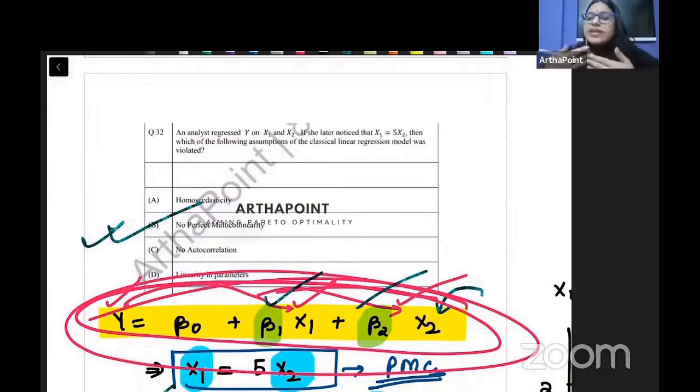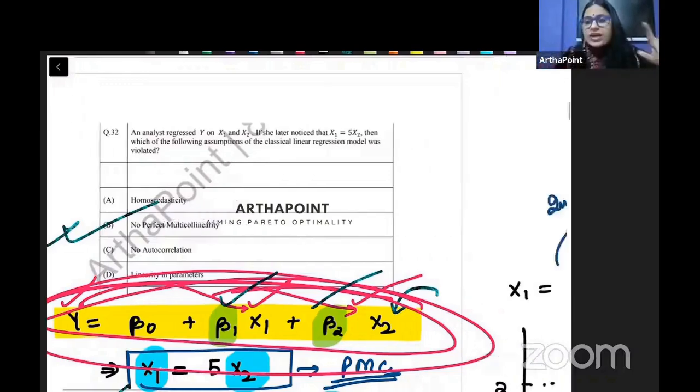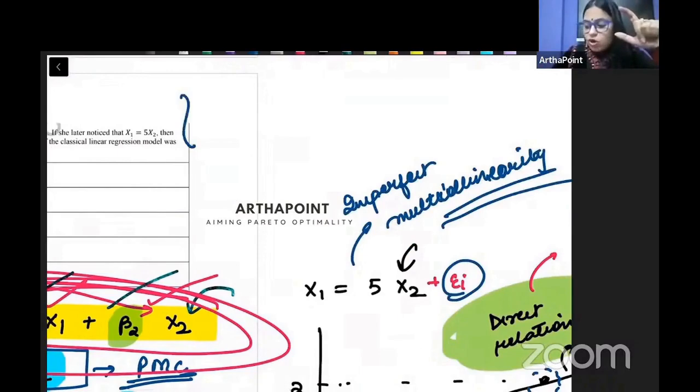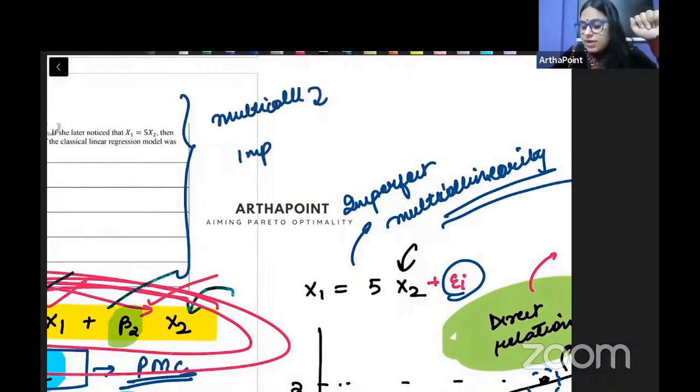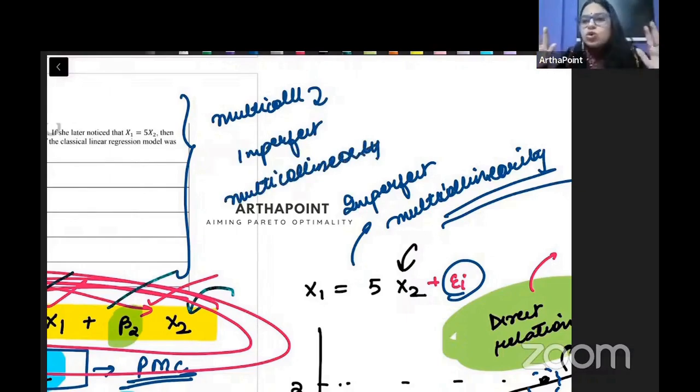In perfect multicollinearity, you cannot run the model. If you read at the start of econometrics, it is clearly suggested that everything in multicollinearity can be done only in the imperfect multicollinearity case. Nothing can be done in perfect multicollinearity. Stop it right there, you can't do anything with it. You can't run the model anymore, right?